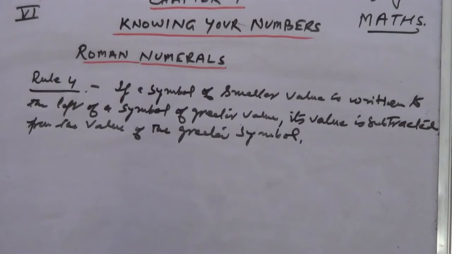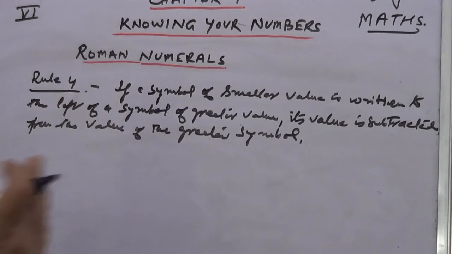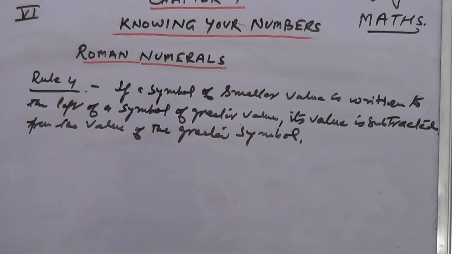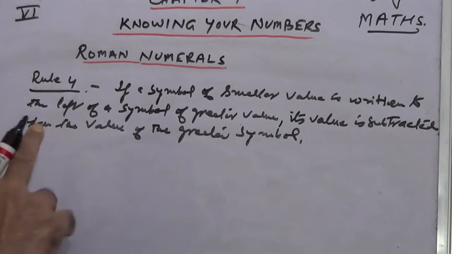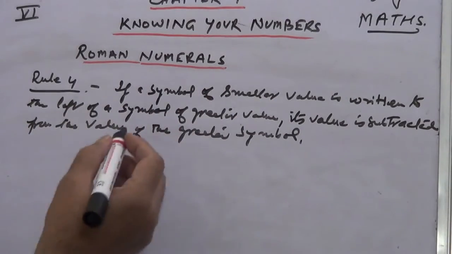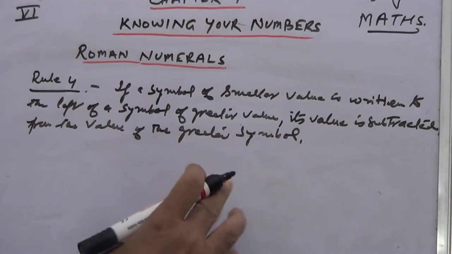So what does it say? If a symbol of a smaller value is written to the left... In rule 3 we were adding a smaller value symbol to the right of a symbol of greater value. Here it is the reverse. We are putting a smaller value symbol before a greater value symbol, then its value gets subtracted.